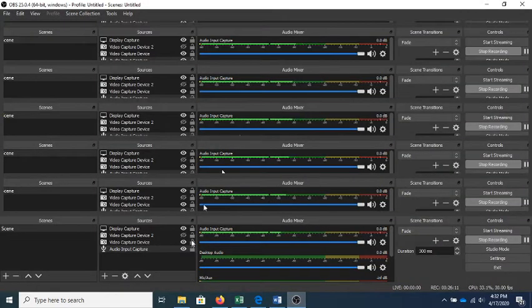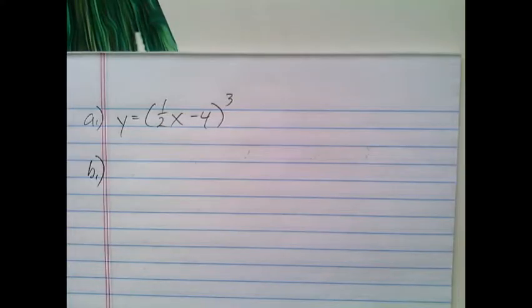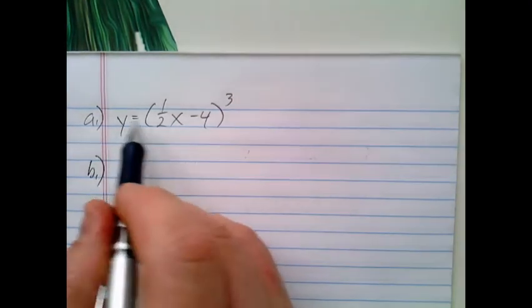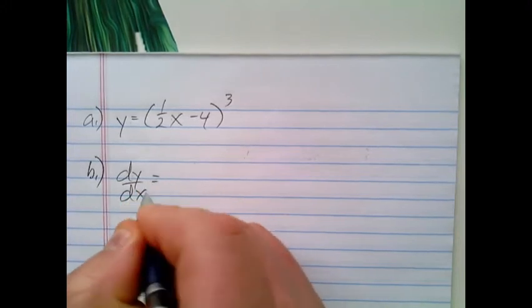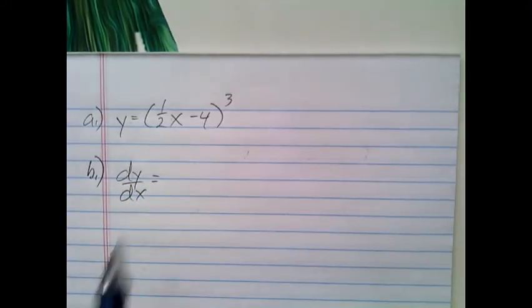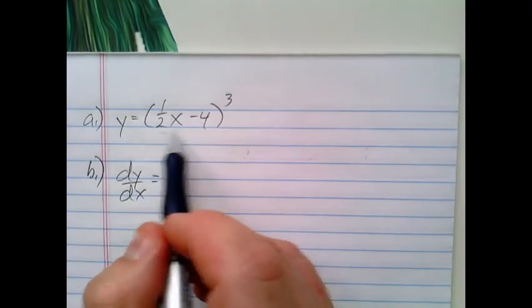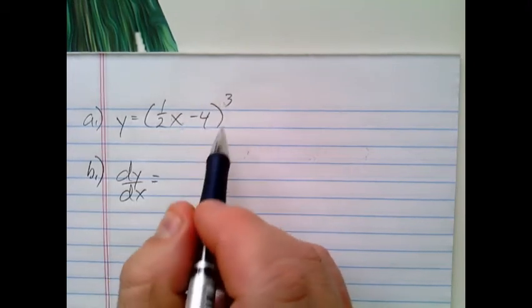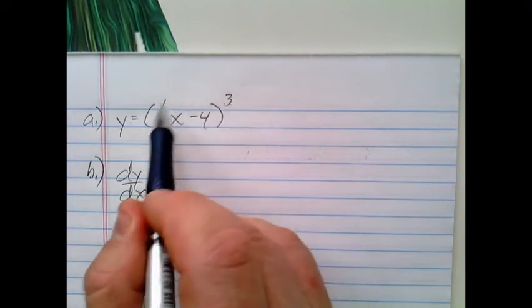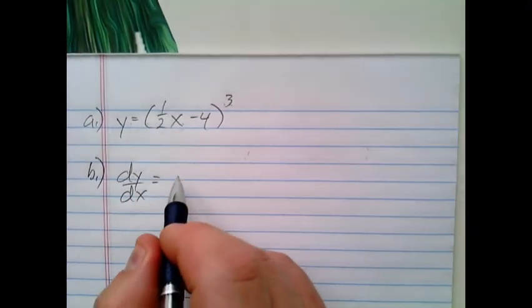Well, let me see. Since I have y written as a function of x, computing dy/dx should be pretty straightforward. I just need to compute a derivative. It looks like I've got a function within a function, so I better remember to use the chain rule. Chain rule says first differentiate the outer part.